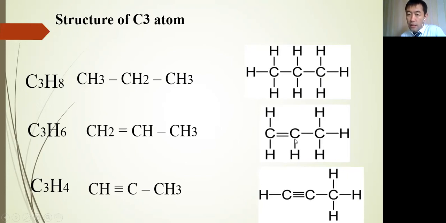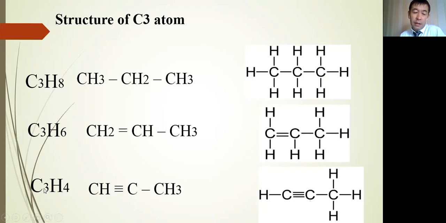So this carbon used 3 electrons, and this carbon has only 1 electron to form only 1 bond. And in the case of this carbon, it used only 1 electron between these 2 carbons, and this carbon has another 3 electrons to form another 3 bonds like this.